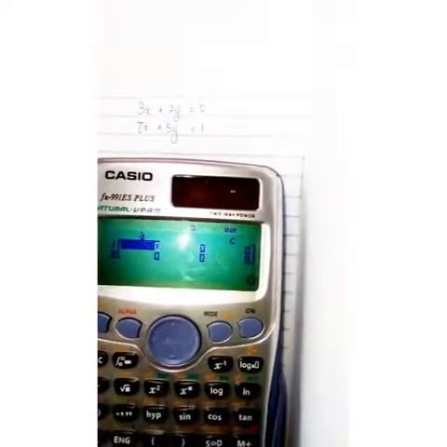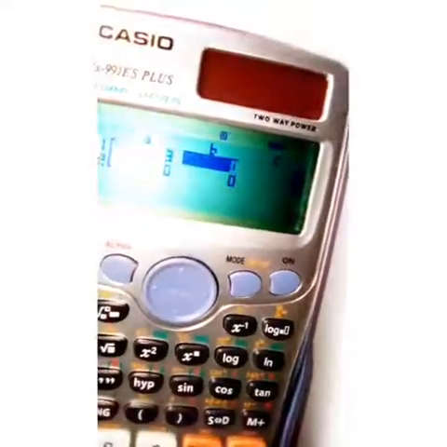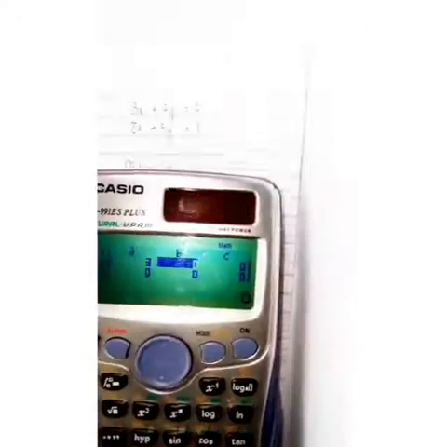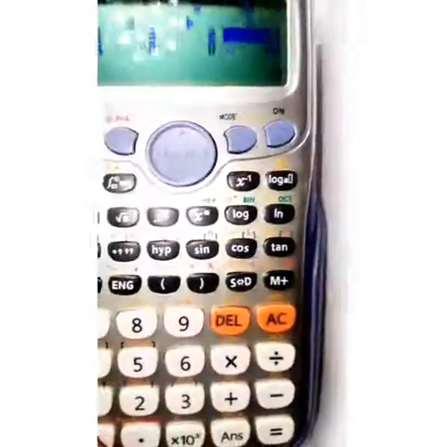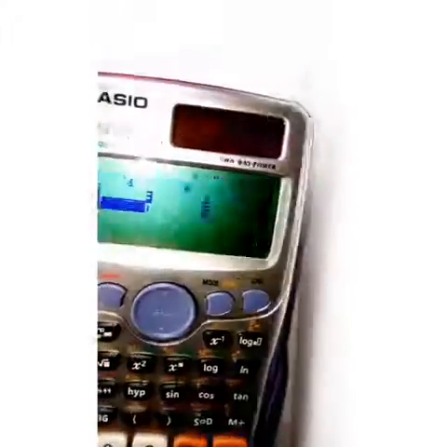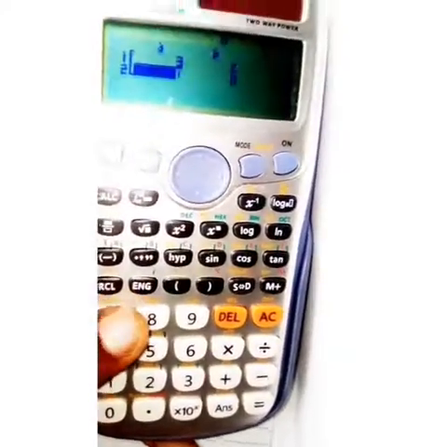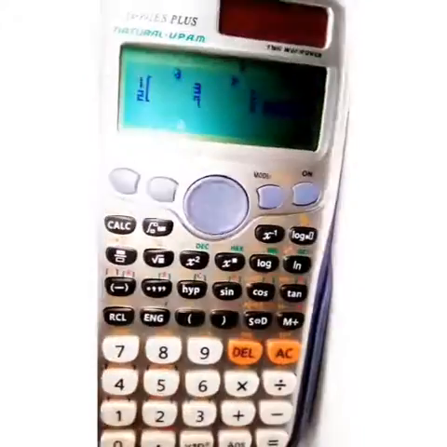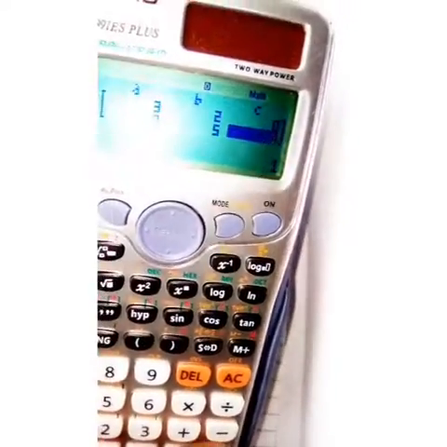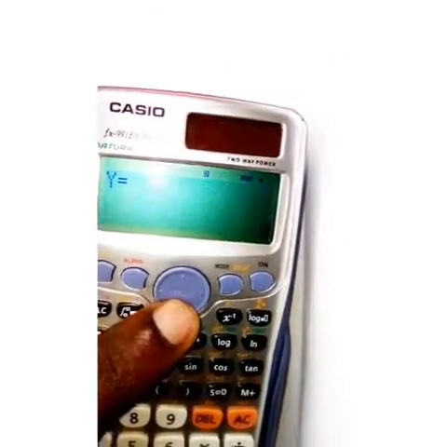Say for the first one, I have 3 equal to, second one I have 2 equal to, third c is 0, then 7, 5 and 1. So I have 7 equal to 5 equal to 1 equal to, so this will give me x as -2 and y as 3. That's all.